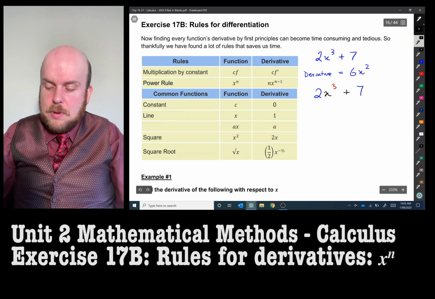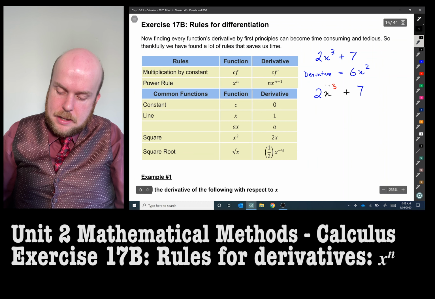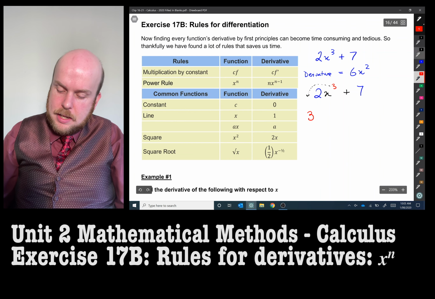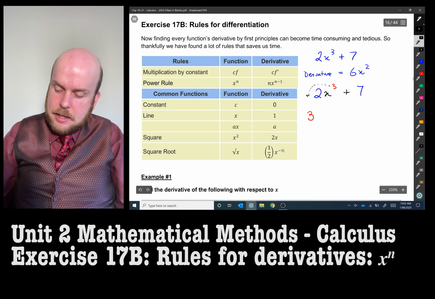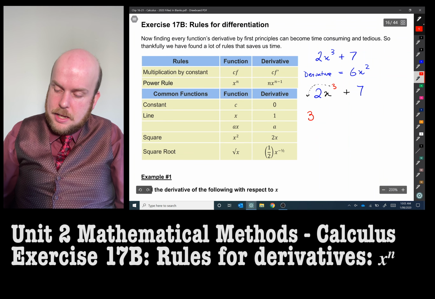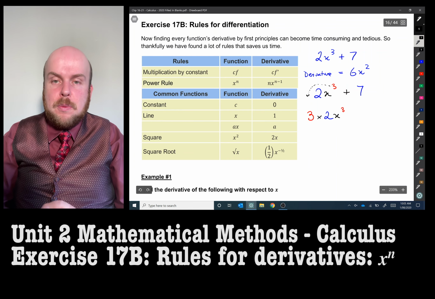you could also get that derivative by bringing that 3 down. You get 3 times 2x, and then we take that 3 and we subtract the 1.